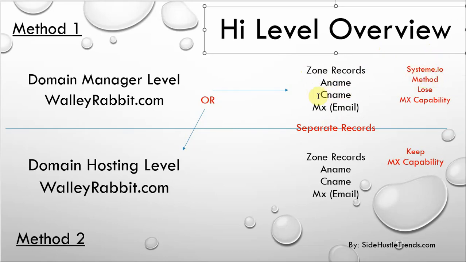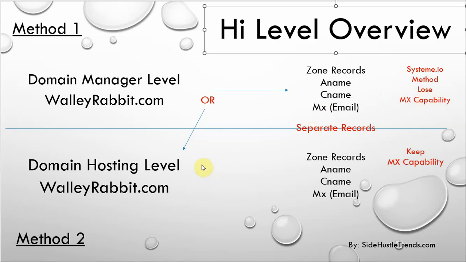That's the method. So basically when people log on to your domain, they get forwarded through CNAME over to Systeme.io and they see your website. However, the MX records, what is known as mail records in the internet world, don't go with it. And so with Systeme.io you don't have that capability.